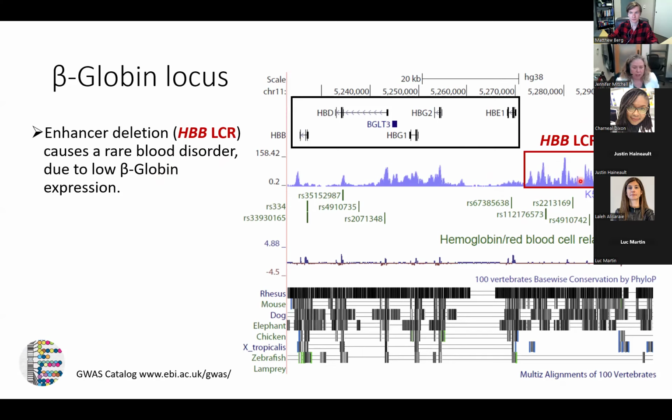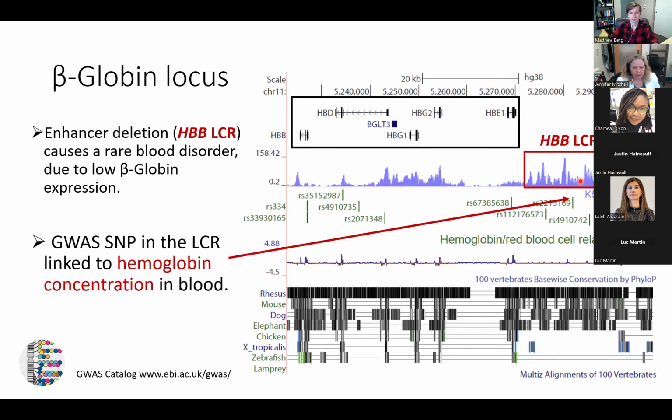This enhancer has been studied for more than 50 years, but we still don't have a complete picture of how the sequences within this enhancer are functioning. I just wanted to highlight here that there's a GWAS SNP found within this enhancer that is linked to hemoglobin concentration in the blood.